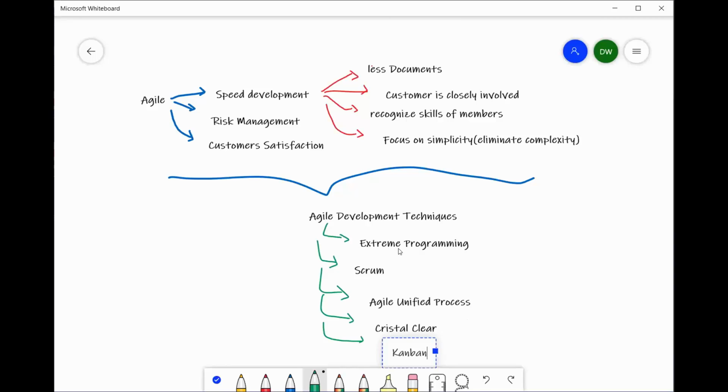In extreme programming, the term extreme is there. That means here we go for extreme development. In every case, we go for maximum quality. Achieving maximum quality means when you are doing a specific task, you go to the extreme level of it. For example, if you analyze the part of the software assigned to you, you go to the extreme level of it, right?